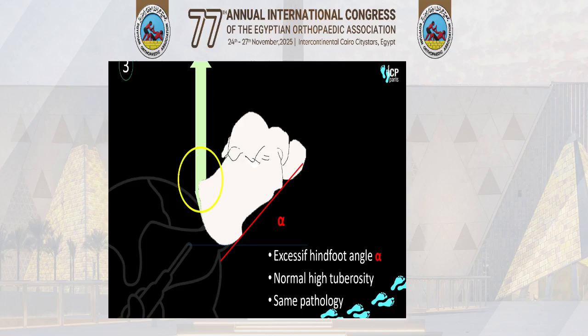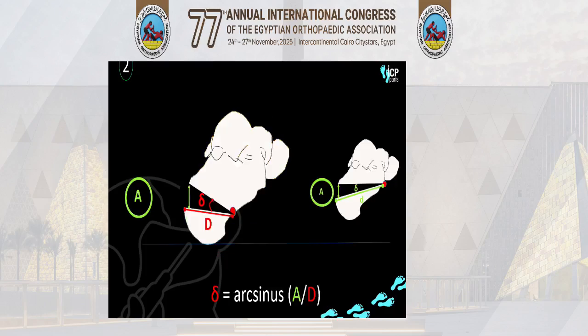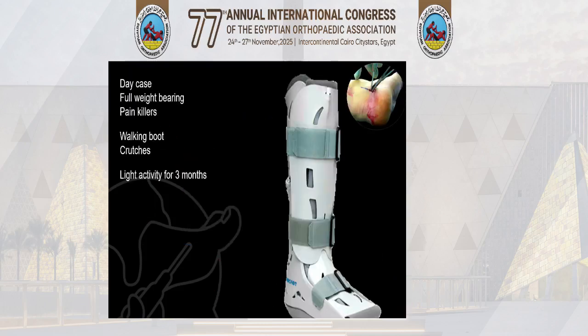So impingement on vertical heel. If you move your angle like before, sorry, I come back. If you remove it here, you will be able to remove the same. You remove the high tuberosity at the same time and bring it forward. So Zadek will be the solution.